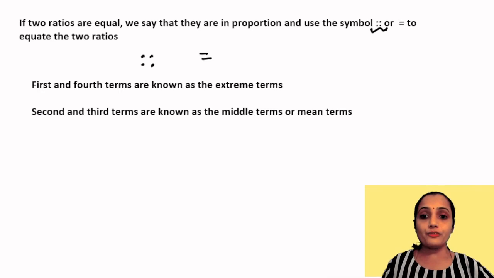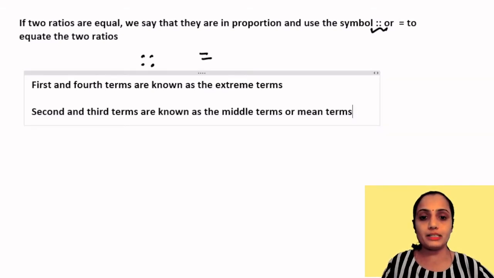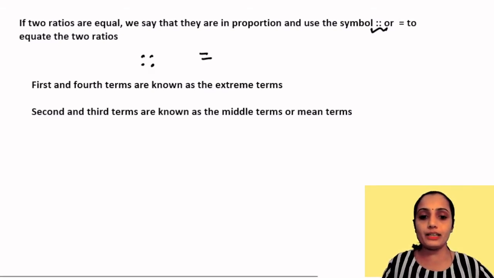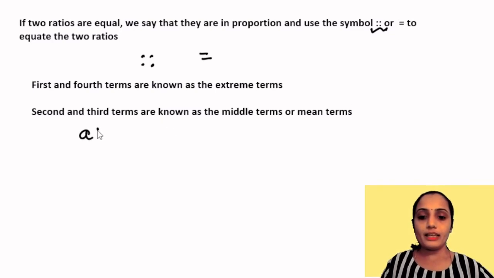The first and the fourth terms are known as extreme terms. So if we write A is to B is proportional to C is to D, A and D are extreme terms and B and C are mean terms.